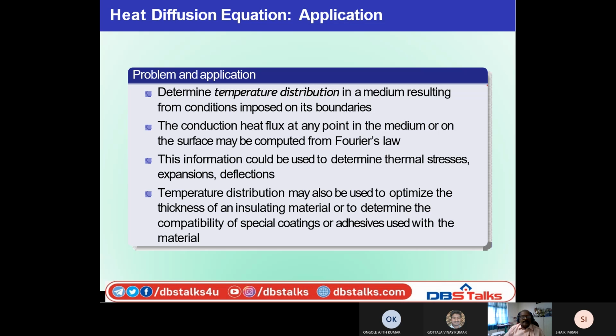The application of the heat diffusion equation is to determine the temperature distribution in a medium resulting from conditions imposed on its boundaries. The heat flux at any point in the medium or on any surface can be computed from Fourier's law. To find the temperature distribution or the k values, we use the diffusion equation.